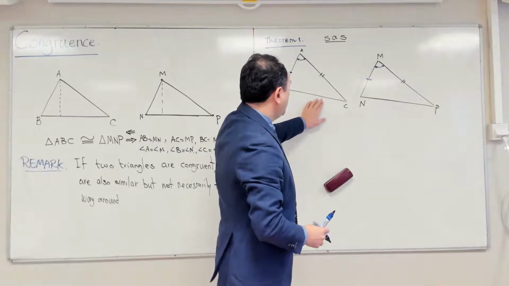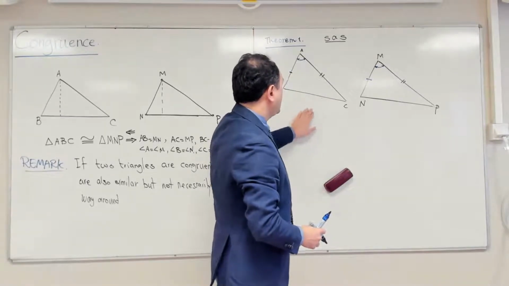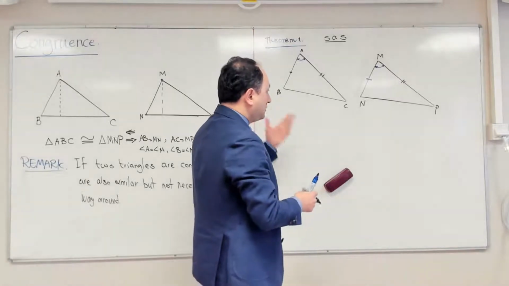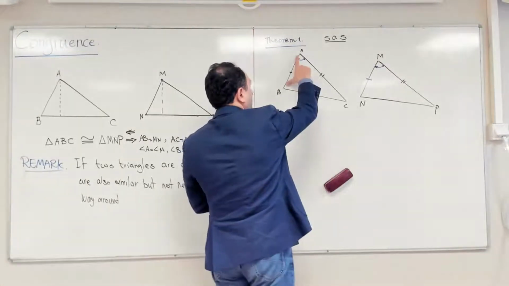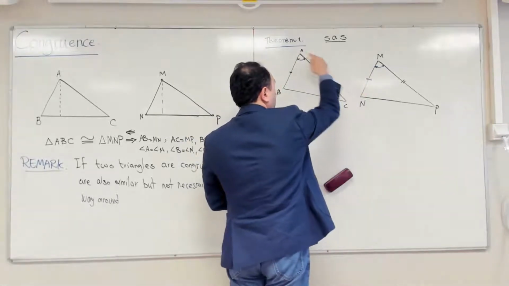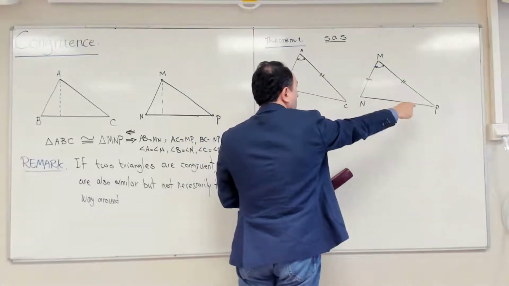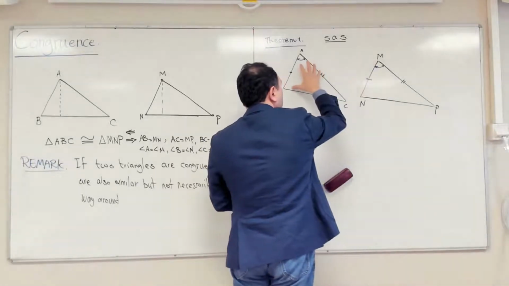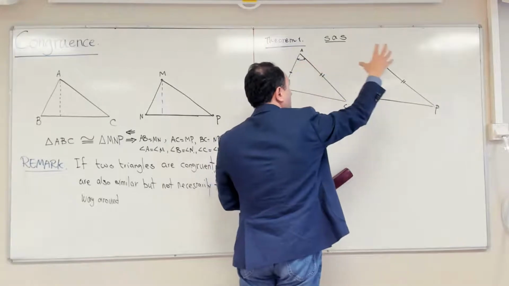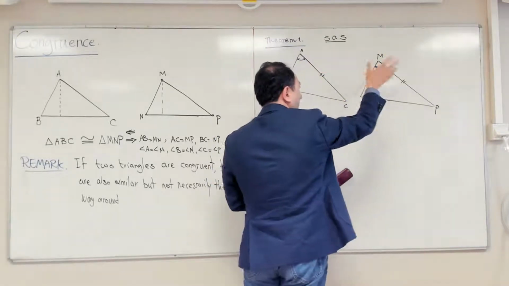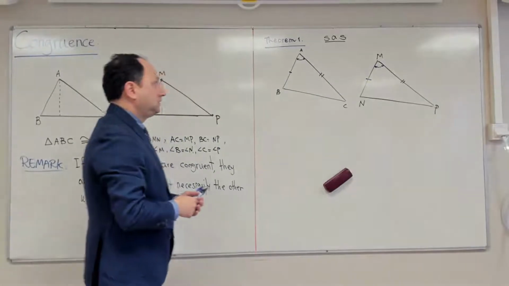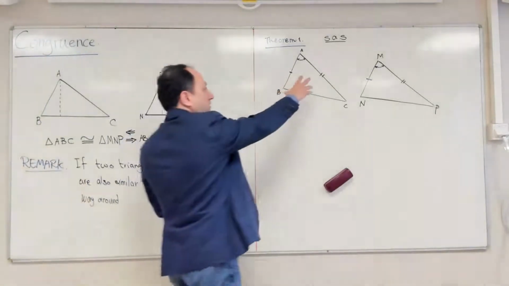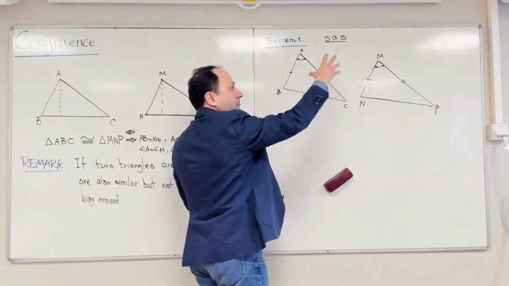For this one, I should be able to convince you that this is the case. It's not hard at all. What I want to convince you of is that if AB is equal to MN, and AC is equal to MP, and angle A is equal to angle M, then I can take this and put it exactly on top of this so that they 100% overlap. Assume that this is a rigid object. You are taking it out from the whiteboard.